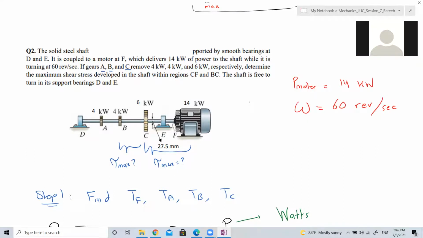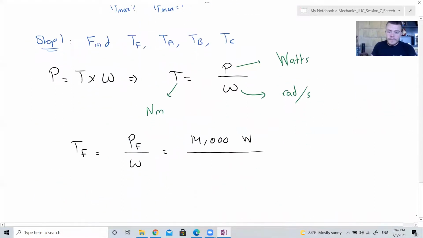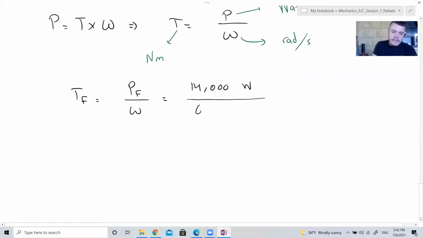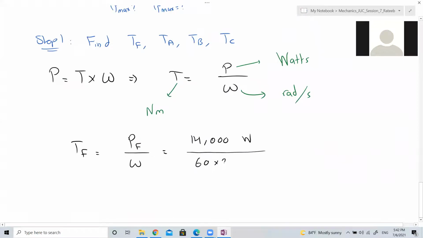Multiply by 2 pi. Careful, not over 60, this is not per minute, it is per second. So you multiply by 2 pi, not over 60. So this is 60 times 2 pi radians per second.